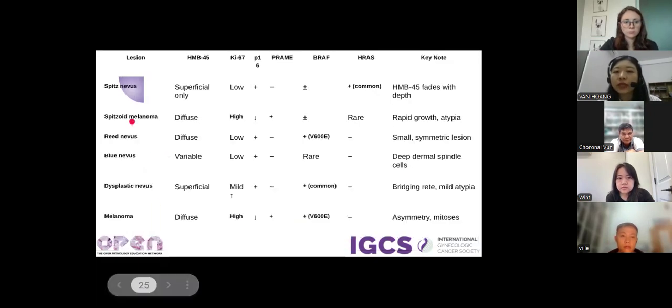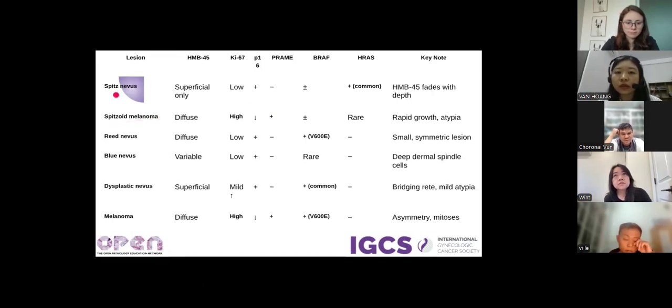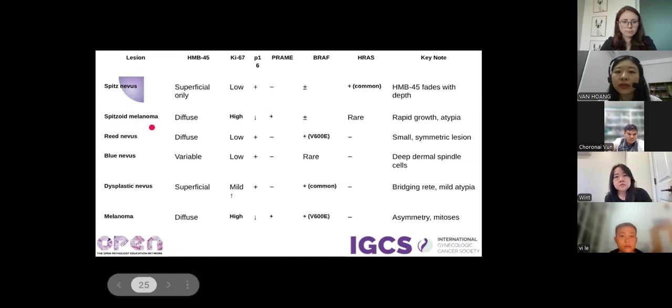So this table shows the summary of the immunostain and molecular features that help us differentiate Spitz nevus, Spitz melanoma, spitzoid melanoma, Reed nevus, blue nevus, dysplastic nevus, and melanoma.